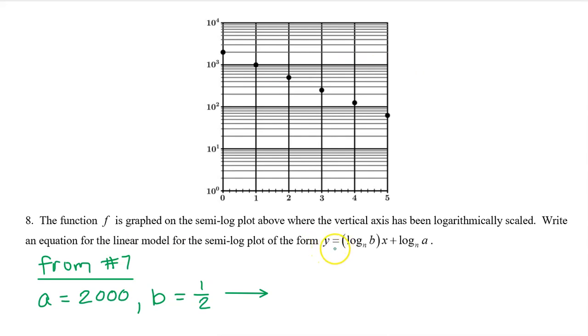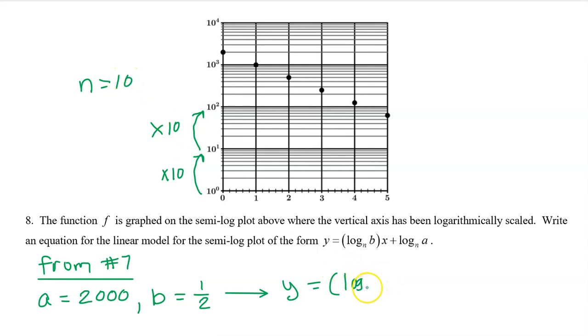Therefore, the semilog linear model will be y equals log base, well, the base is the multiplicative change on the vertical axis. Each value is being multiplied by 10, which you can easily see by the fact that we have base 10, 10 to the 0, 10 to the 1, 10 to the 2, 10 to the 3, and so on. So this 10 is the n value.